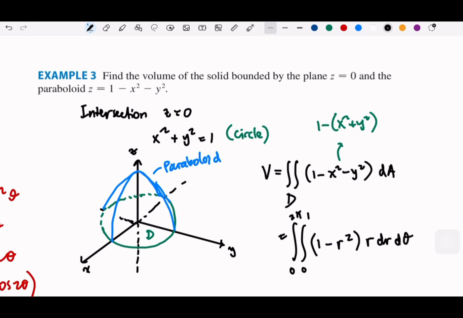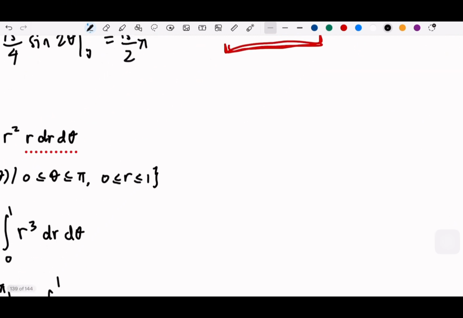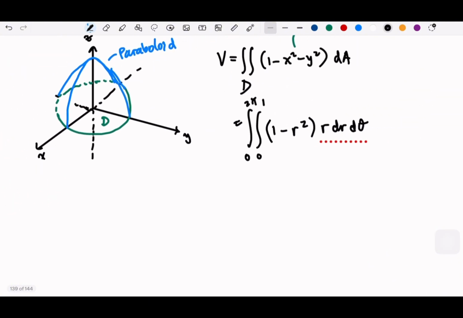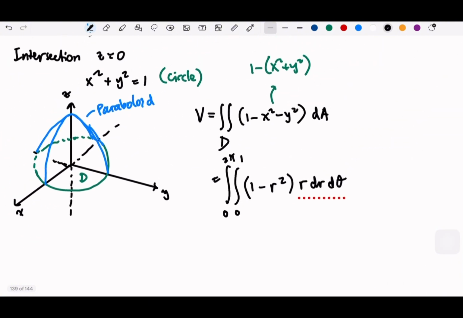And then the same way we did in the previous example, since the endpoints are constants for both, we can separate and then integrate each integral. So you can do this by yourself, right? But the answer should be pi over 2.